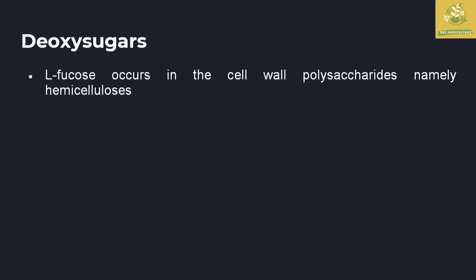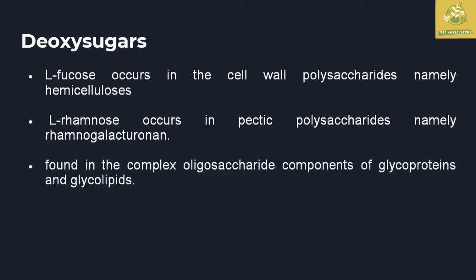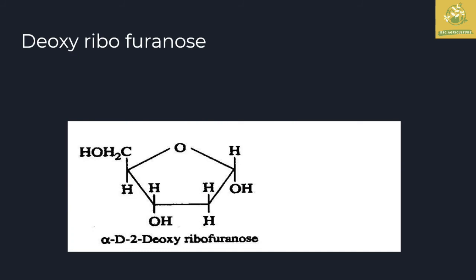So these are deoxy sugars. L-fucose occurs in the cell wall polysaccharides, namely the hemicellulose of the cell wall in our plant system. L-rhamnose occurs in pectic polysaccharides, namely rhamnogalacturonan, which is found in complex oligosaccharide compounds of glycoproteins and glycolipids.